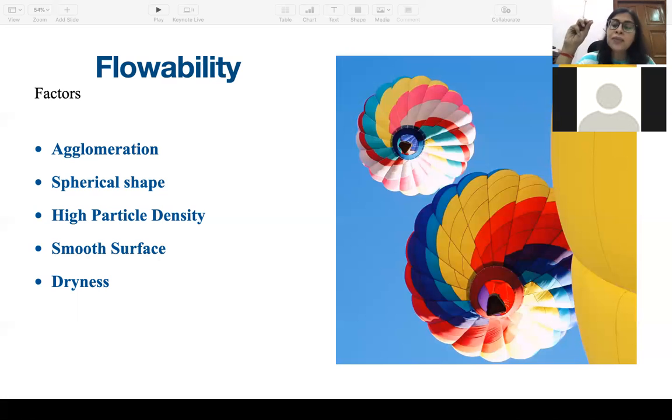So sometimes a small amount of silicate is added to the milk powder so that the flowability is maintained. Calcium silicate is added at the rate of 1.5%, whereas sodium aluminum silicate is added at the rate of 0.5 to 1%.